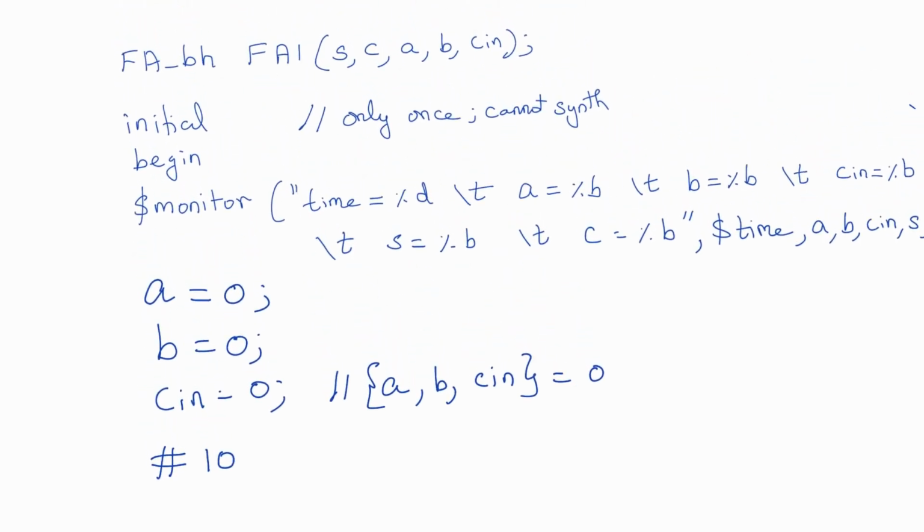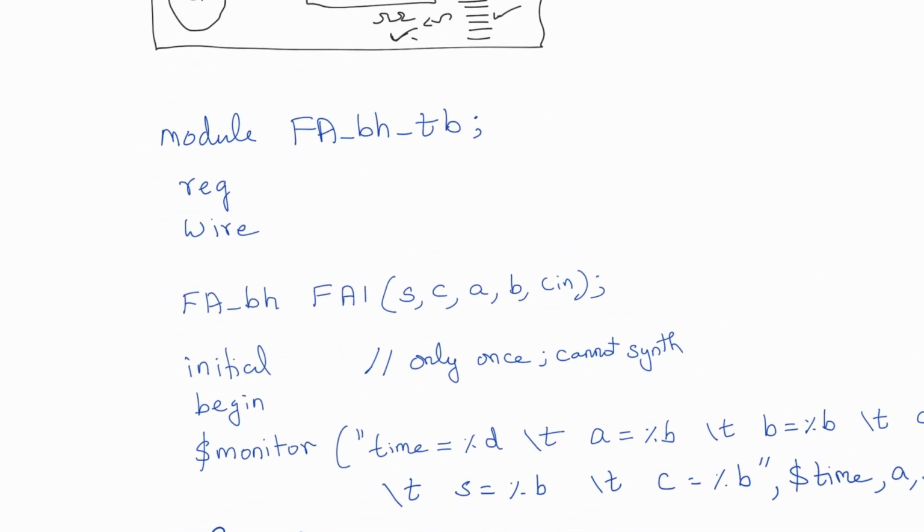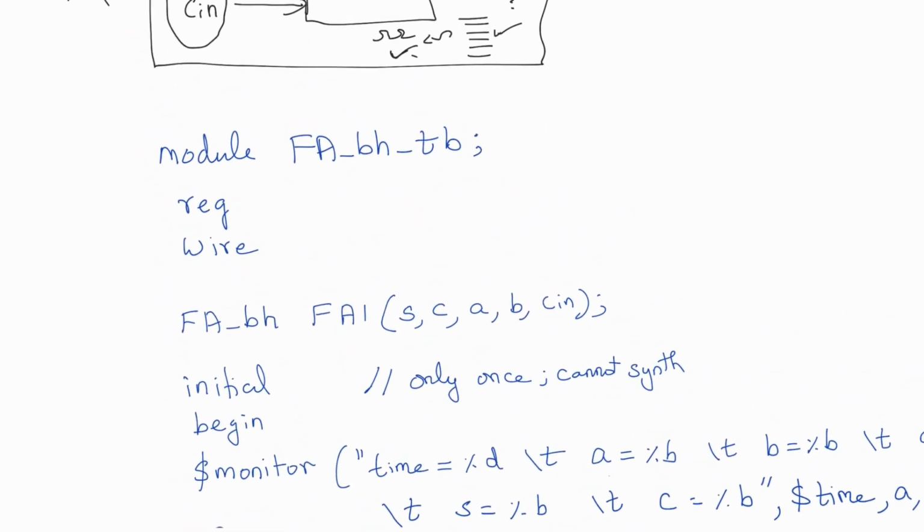So we'll define the time units as our first line before the module definition, using a compiler directive, tick timescale, and then you give the time unit, say for example 1 nanosecond, and you also give the precision.